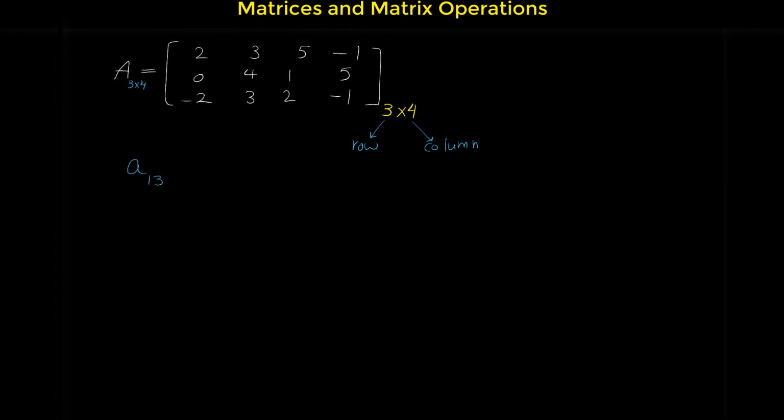The first number refers to the row and the second number is the column of that element. And note that when we want to talk about the elements, we use lowercase letters. Because the matrix is capital letter A, we use lowercase letter a to talk about the elements. And this element, the first row, third column, is 5.